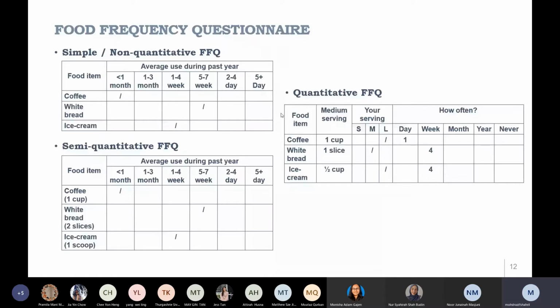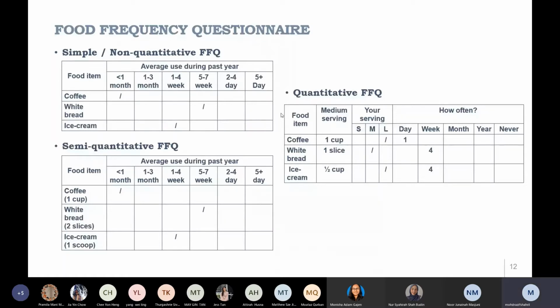And if we consume 2 cups in one go, then you have to tick the 1 to 3 times per month. And white bread, 2 slices, 4 to 7 times per week. If you consume 6 slices in a go, you have to increase the average use response, maybe 2 to 4 times a day. So that is semi-quantitative FFQ.